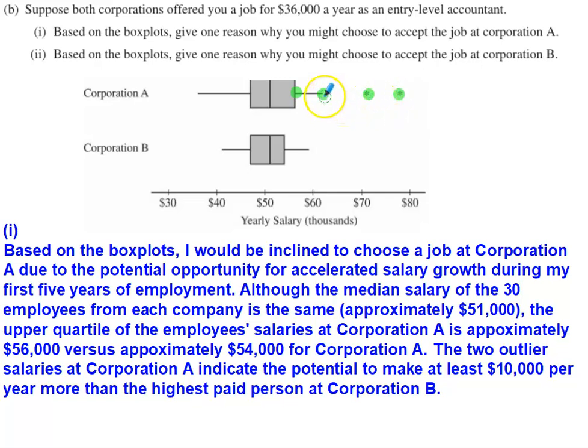Those outliers, along with this salary right here and anything else that might be on this portion of that distribution for Corporation A, are higher than any earner at Corporation B. So that's basically what I've said throughout this. In context, using the language of statistics, definitively saying this is why I would choose Corporation A over Corporation B.